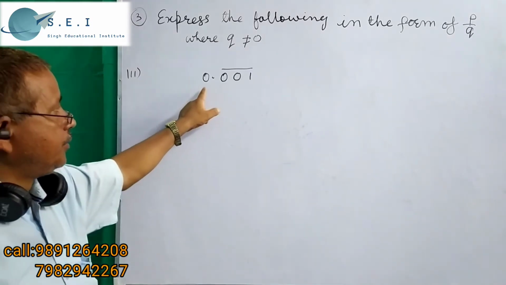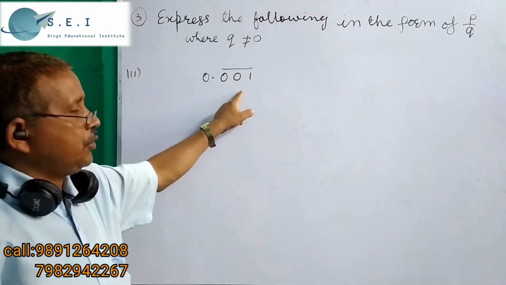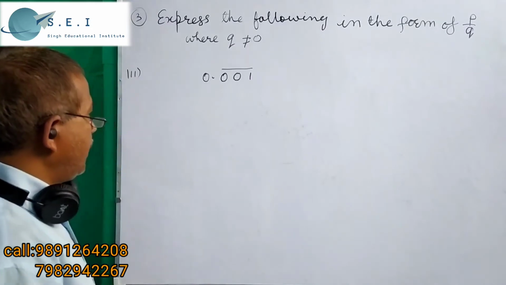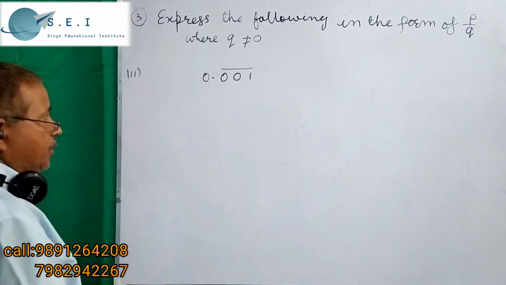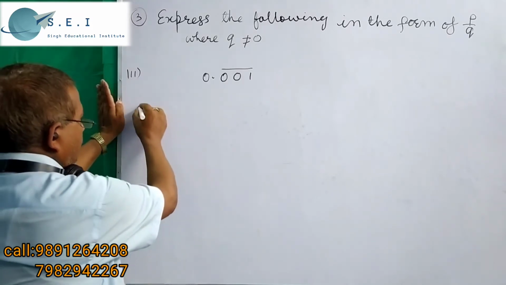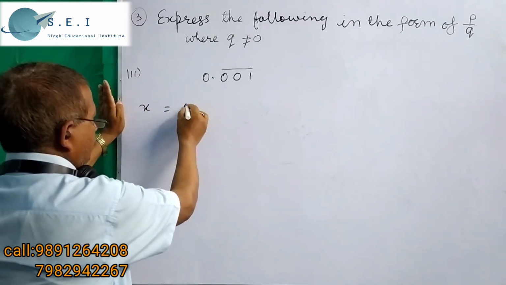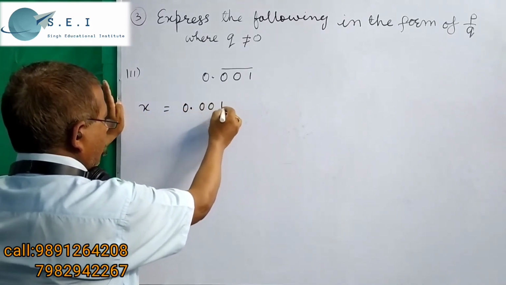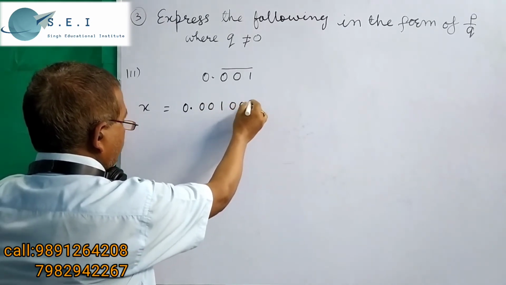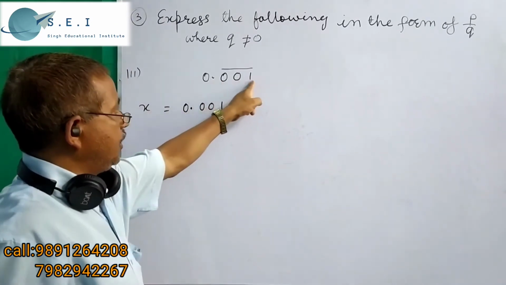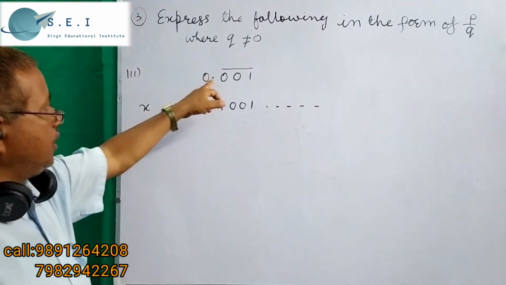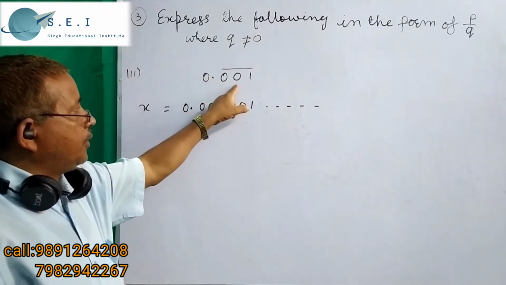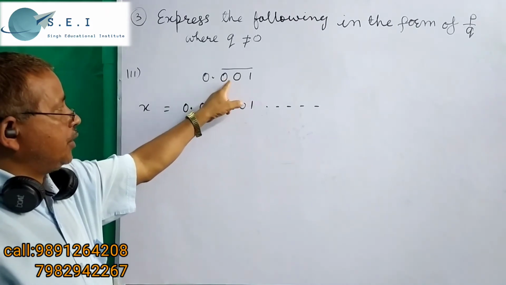The third part of the question is 0.001 bar. We have to convert it into a normal fraction, in the form of p by q. Let x be equal to 0.001 bar. This is the repeating block, so we can write it in this way. The total number of digits after the decimal is 3.